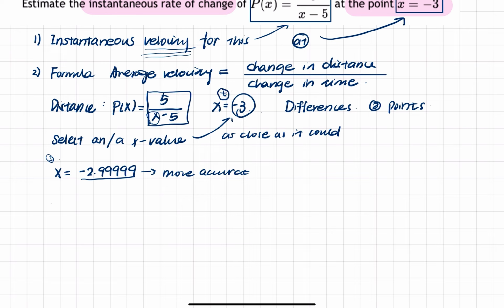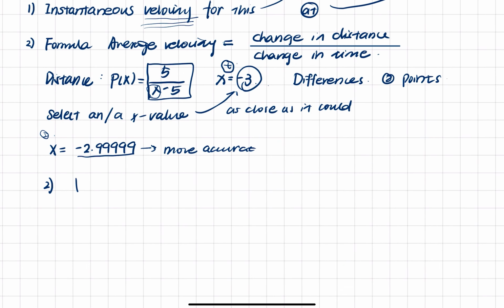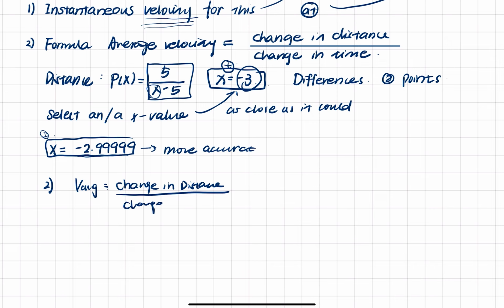Next, the second step is we're going to be looking for the average velocity between these 2 points, between these 2 x values. How do we do it? Firstly, we're going to be following the formula. Average velocity equals change in distance over change in time, where this function is the function that we'll be using to look for the distance.